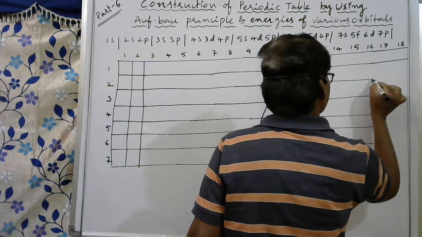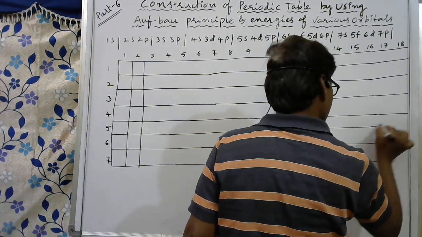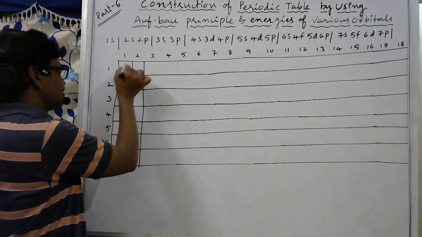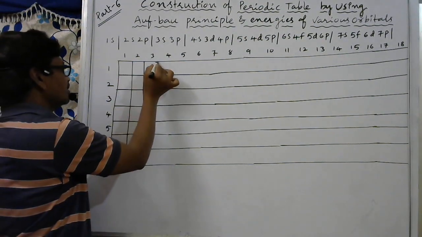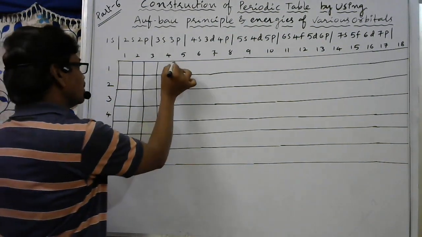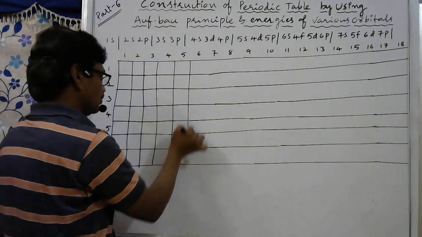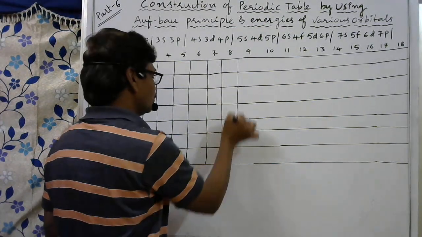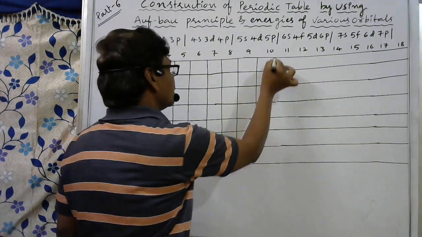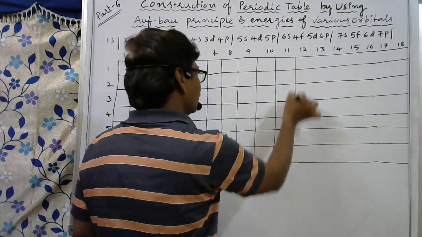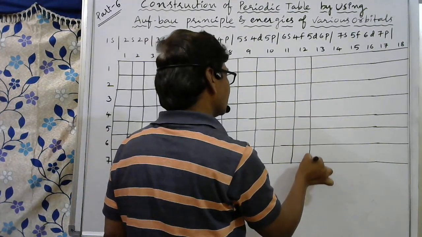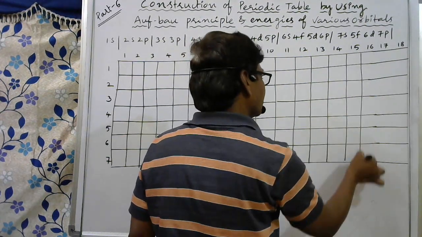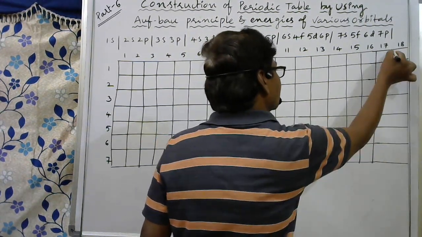These are the groups. 18 groups are present in our periodic table. See, this is the first group, this is the second group, this is the third group, this is the fourth group, then the fifth group, sixth group, then 7th group, this is the 8th group, this is the 9th group, 10th one, 11th group, then this 12th, 13th, 14th, 15th, 16th group, then it is the 17th.